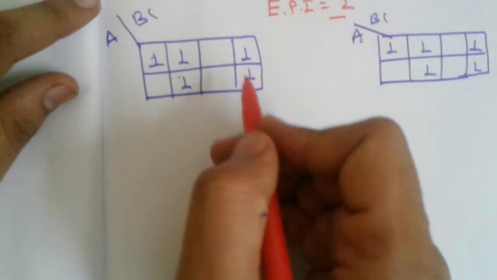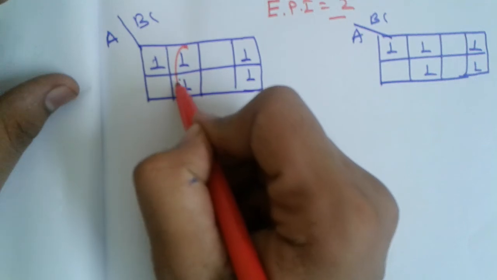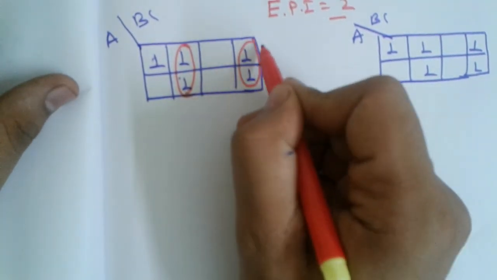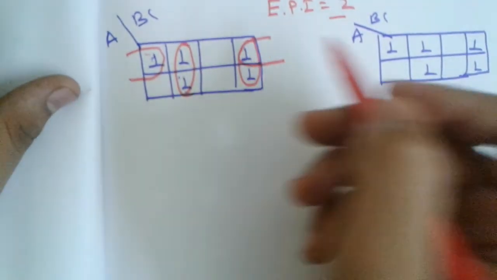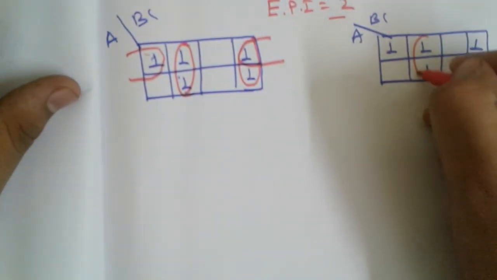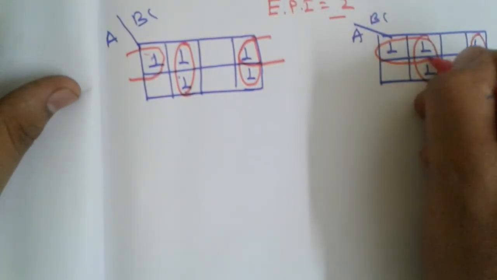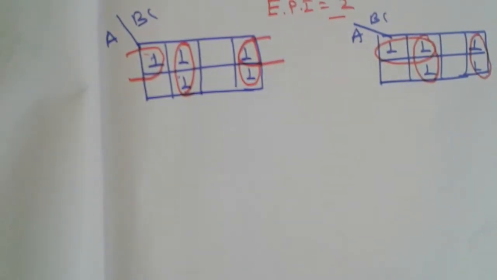So in this one I am making the pair like this one and this one and this one. For this one we can make it like this. So write the equation for both.